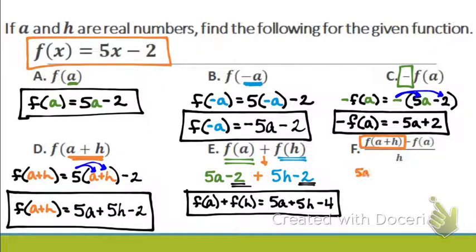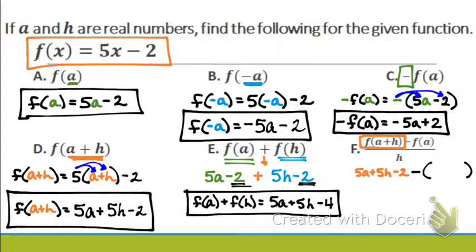That was 5a plus 5h minus 2. I'm going to subtract. Anytime I've got a piece after subtraction where I'm making a substitution, I am always putting this inside parentheses, because I need to make sure, if necessary, that I remember to distribute that subtraction sign.